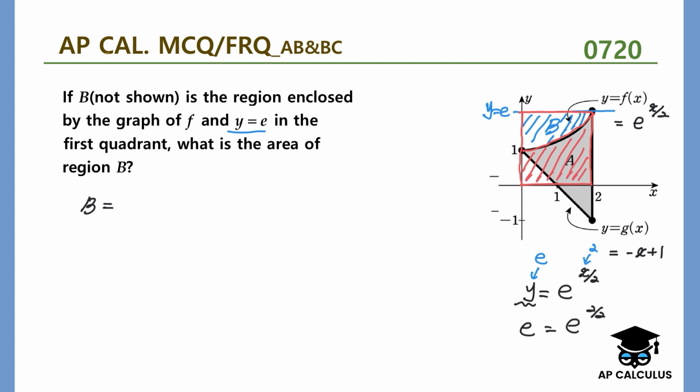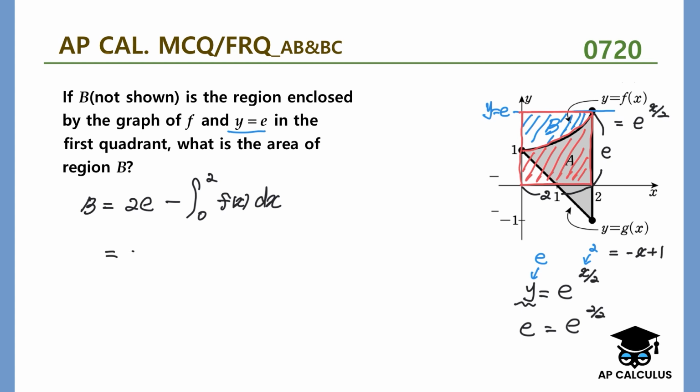That's a definite integral, right? The area of the rectangle is from here to here, that's 2, and from here to here, that's e. So the area of the rectangle is 2e minus the integral, the area under the curve f of x from 0 to 2, f of x dx.